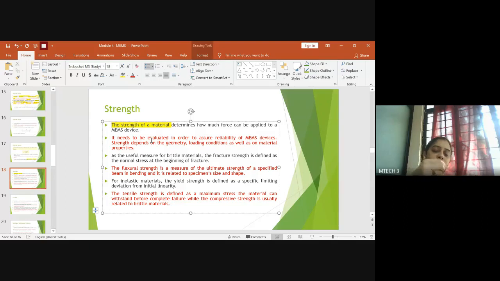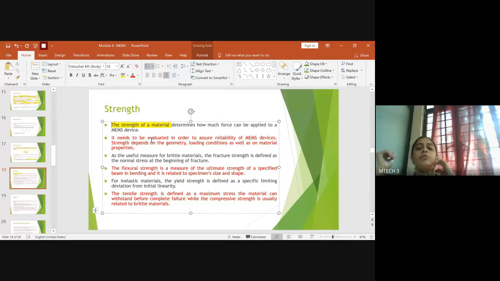It is a very thin film MEMS device made of some flexible material. That material will have some capacity to withstand the load. So you can apply an axial load which the material is capable of withstanding, and only then can you claim that this material can withstand a load of this many Newtons. That is what we term the strength of that material.